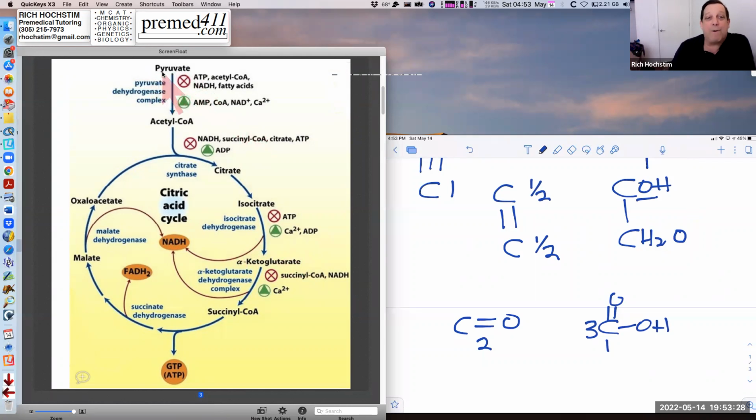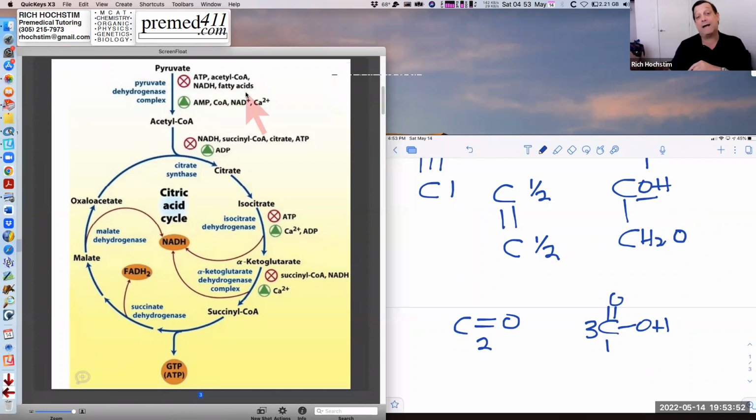Here we have pyruvate. If you have a lot of ATP, you're going to shut it down or slow it down, because that's what the Krebs cycle does. It makes ATP. And over here, we have acetyl coenzyme A. If you've got a lot of that, you're going to shut the process down. NADH, well, that's what you make in the Krebs cycle.